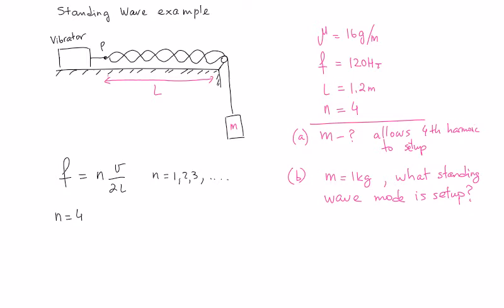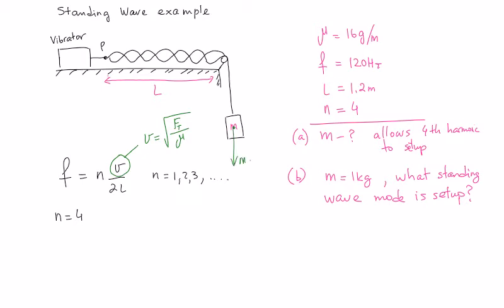I don't know the wave speed, but one thing I know is that the wave speed depends on the tension of the string: v equals the square root of the force of tension over the linear mass density. We don't have the mass here, but I can find the force of tension from the mass by looking at what force is acting on this weight.